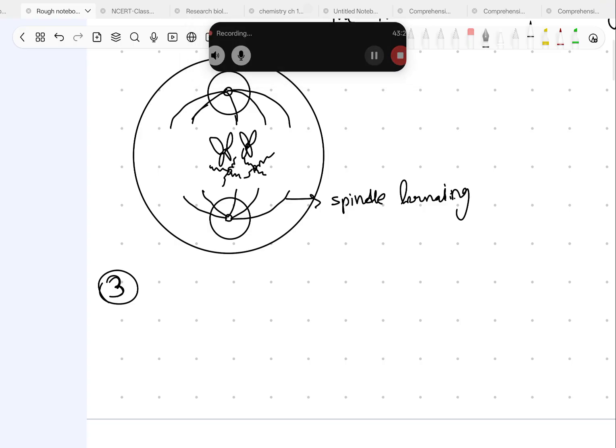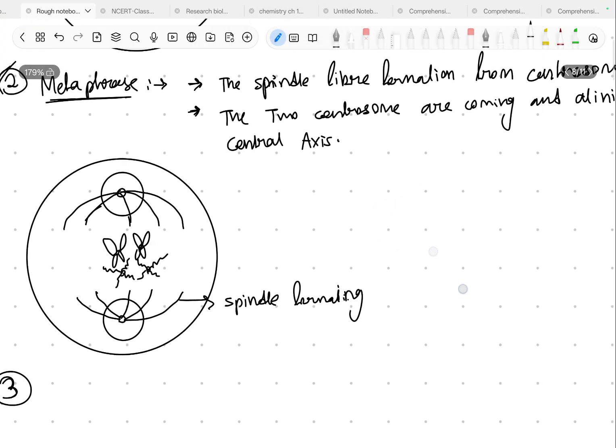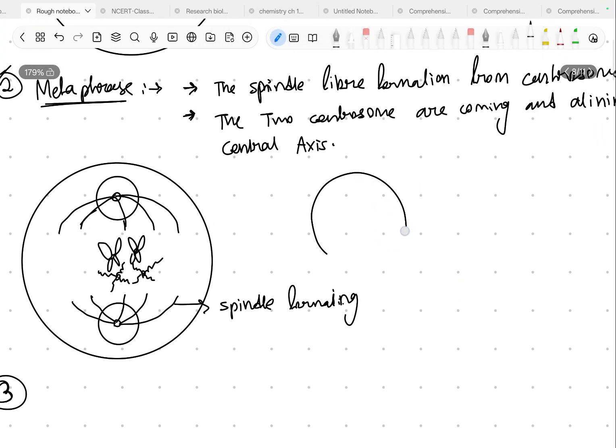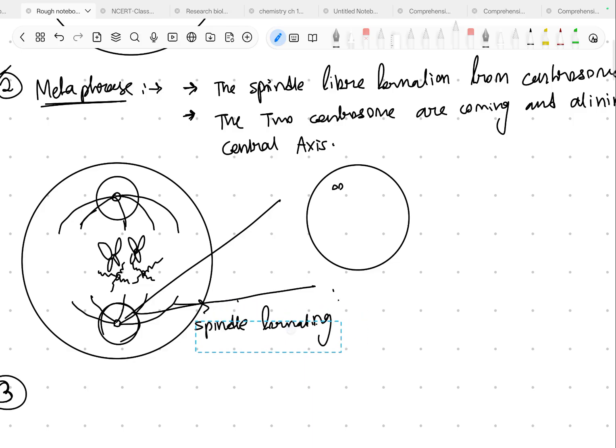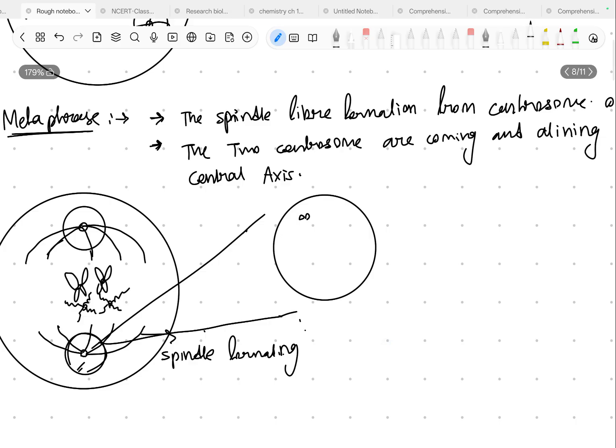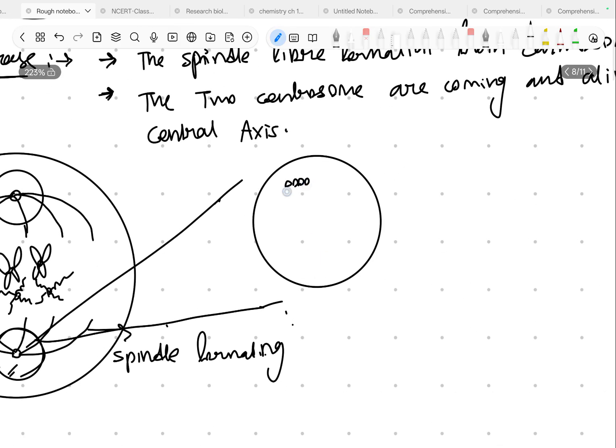So you might be wondering what is actually in the centrosome. Let me describe it. The centrosome actually looks like this, this part I am enhancing here. If I zoom it, now the central fiber has formed. See this.